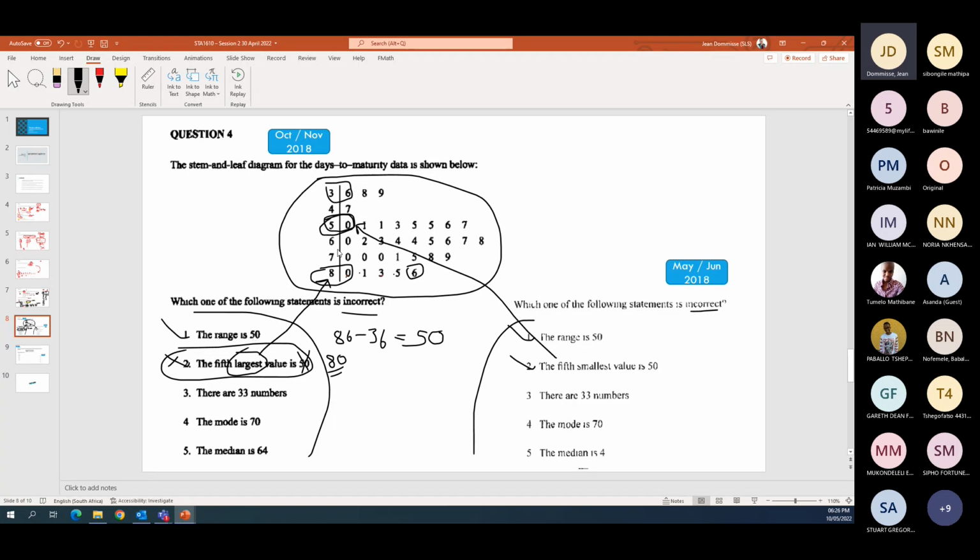Let's also look at where this one is wrong then. There are 33 numbers, so basically they're asking us for the sample size.